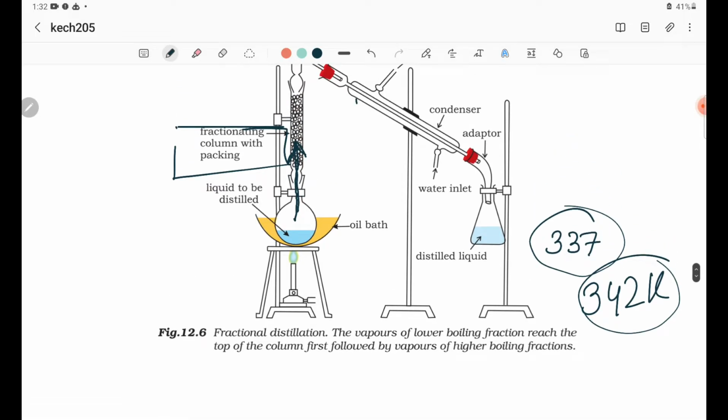Which will condense first? The vapor having the higher boiling point will condense first, right, because the temperature needed is less, and the lower boiling one will condense later because the temperature is more, right?